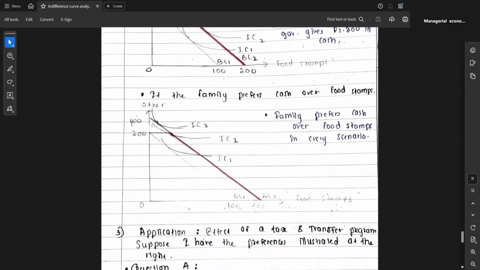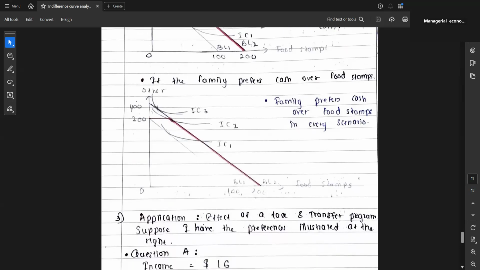Then we have the situation where the consumer has a preference for other goods compared to food stamps. In that case, as you can see, the indifference curve is moving towards the other good and away from the food stamps, because the consumer's satisfaction level would increase when the consumer gets more of the other goods.